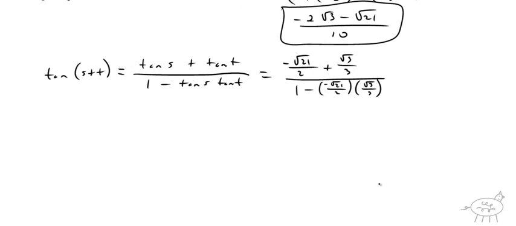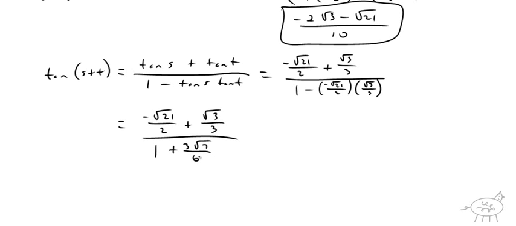Let's simplify that bottom a little bit here. So it's negative root 21 over 2 times root 3 over 3, and that's going to be 1 plus, right? Simplify that, we can pull a 3 out, so it's 1 plus 3 root 7 over 6.